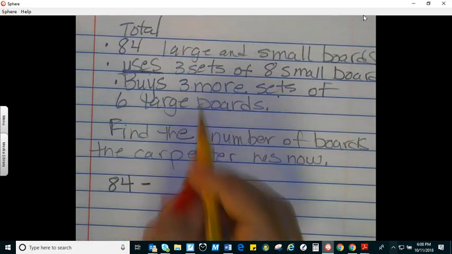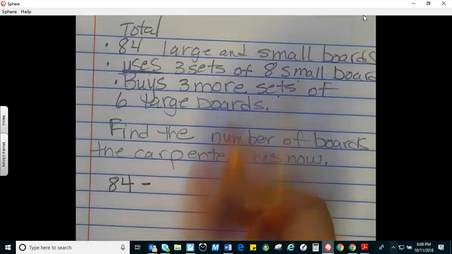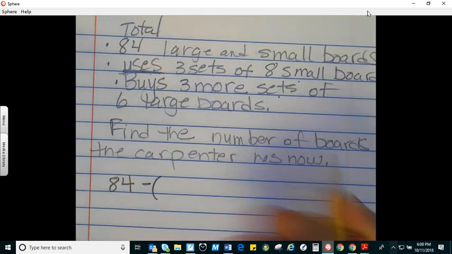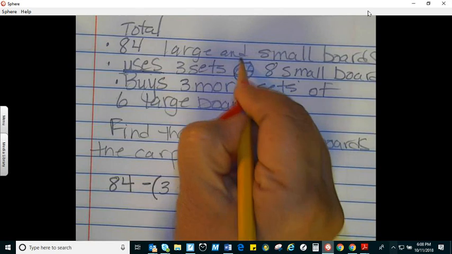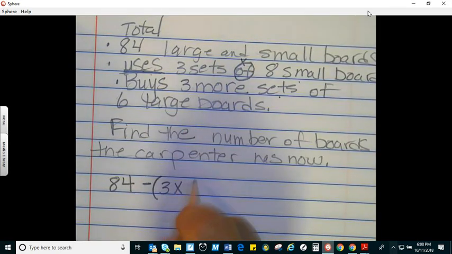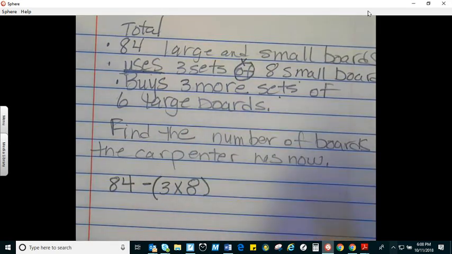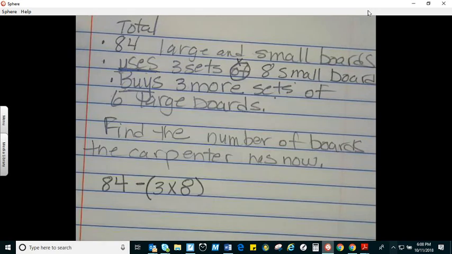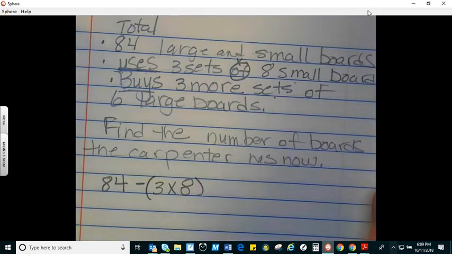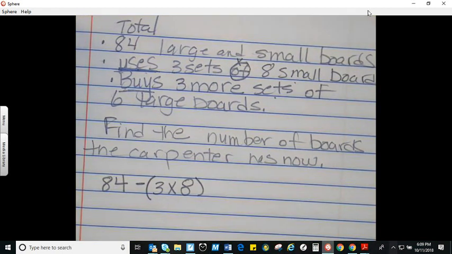Now, he says that it's 3 sets of 8. So I'm going to put in parentheses 3 sets of, meaning multiplication. Now we need to add in. He buys. So if you're going to buy more materials and put it in your pile of boards, what operation will we use? Yeah, you're going to use addition because you're going to add in more.